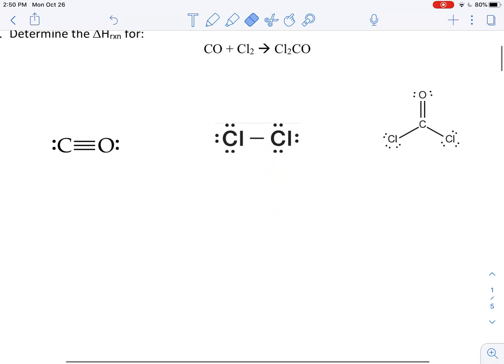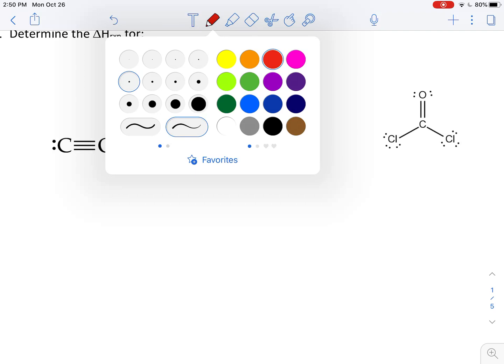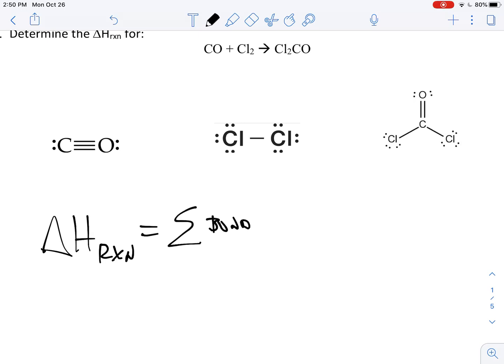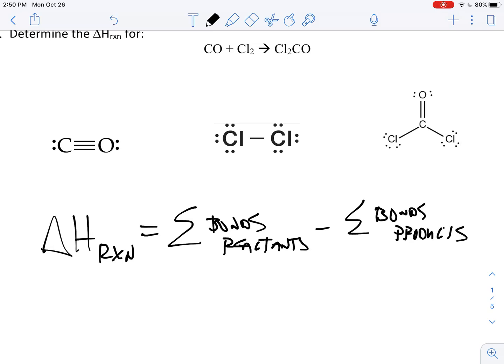Or if you'd prefer, there is a simple equation that goes along with this: the delta H of reaction is equal to the sum of the bonds of the reactants minus the sum of the bonds of the products.